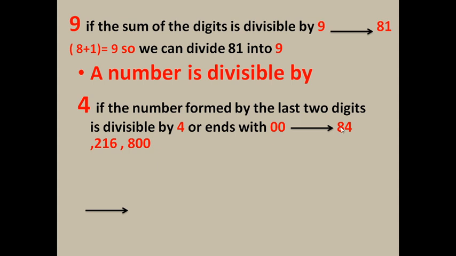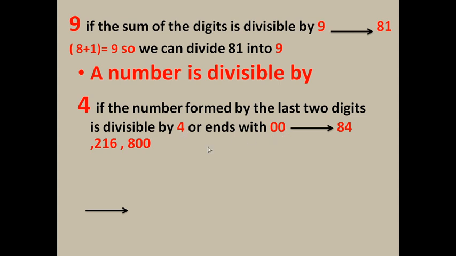First 84, we can divide 84 by 4, because 8 divided by 4 is 2, and 4 divided by 4 is 1. So 84 is divisible by 4.